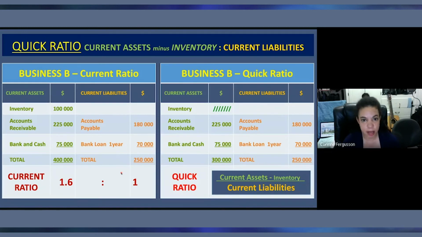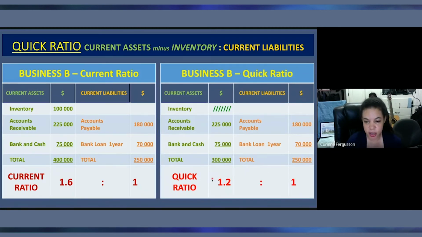Quick ratio, it's the same thing. The formula, however, you're taking away inventory. That's the difference between the current ratio and the quick ratio or the acid test ratio. So we took away our inventory here. The inventory was 100,000. So 400 minus 100 gave us a total of 300,000 over the same 250,000 for your current liabilities.